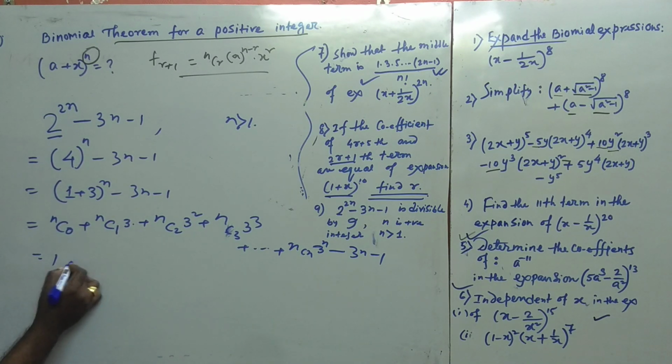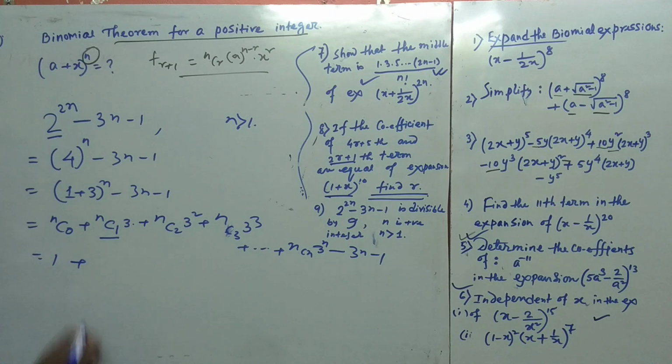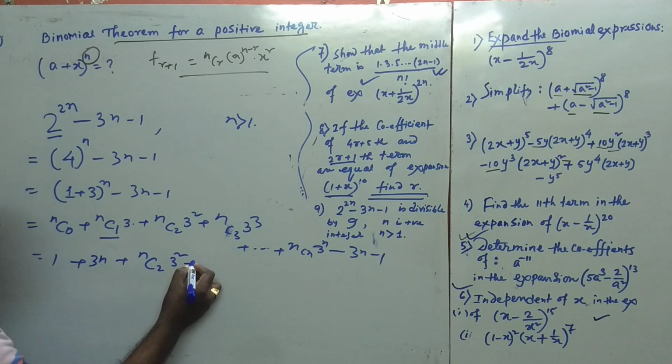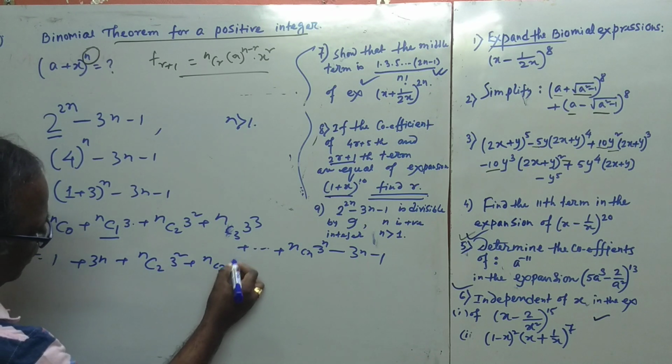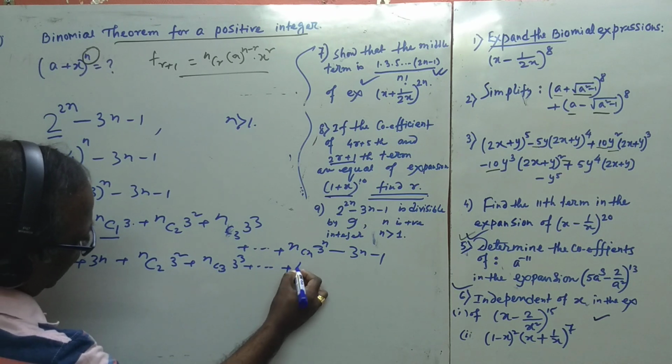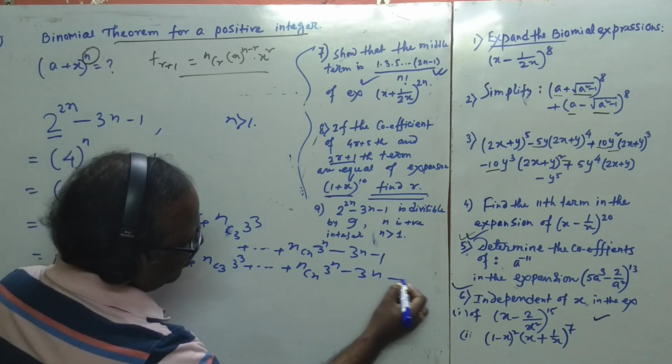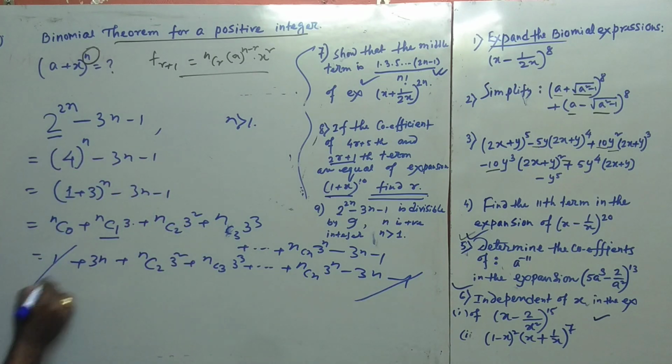See, this is 1. If we expand nc1, then we get n, so 3n here. So nc2 3 square, nc3 3 cube, ncn 3 to the power n, minus 3n and minus 1. So 1, 1, 3n, 3n are cancelled out.